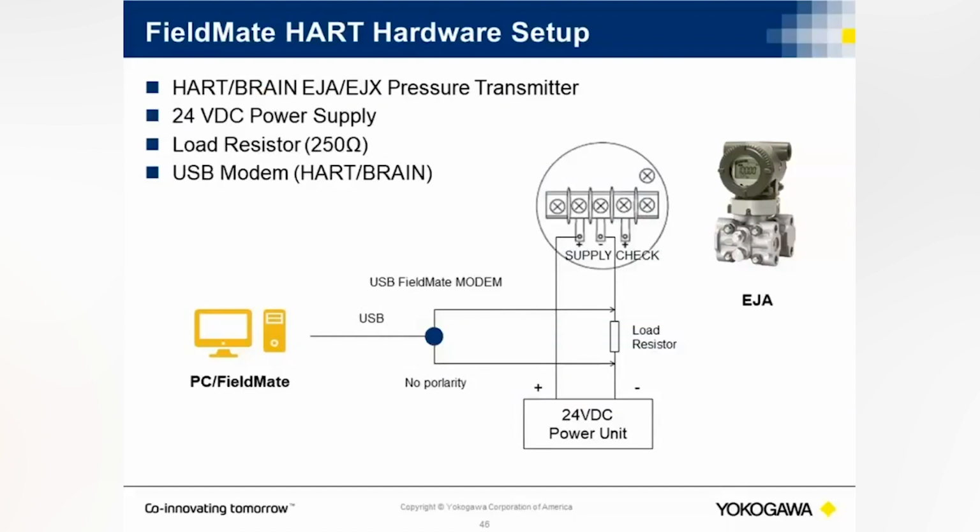An external 24-volt DC power supply is powering the transmitter, and as I'll show you in the next diagram, this is actually coming from the loop power of the CA700. There's also a 250 ohm HART resistor or BRAIN resistor that allows the FieldMate modem to generate the protocol from the 24 volts DC out.